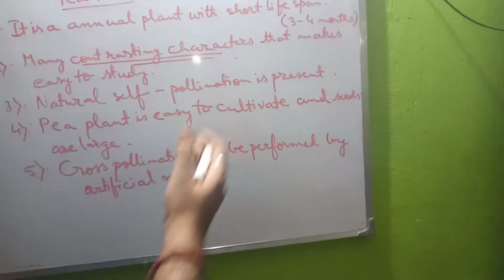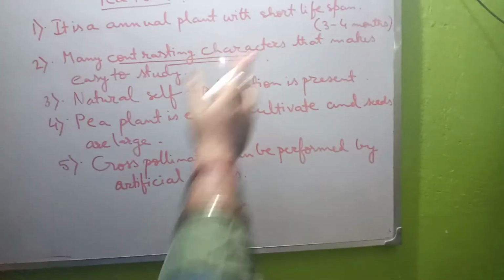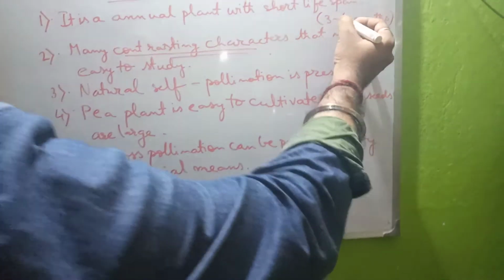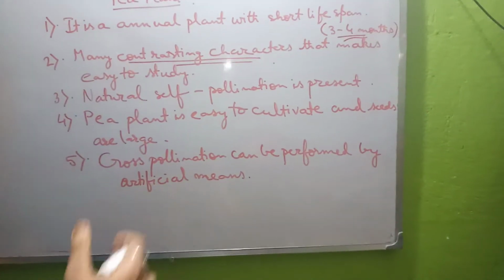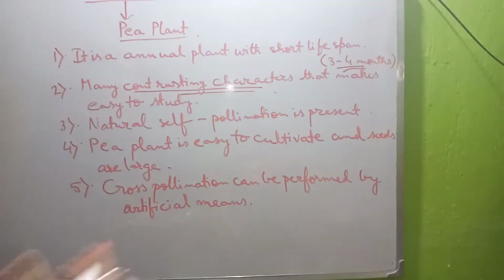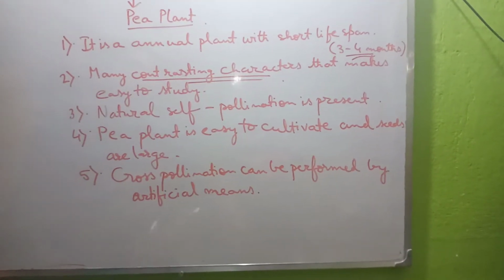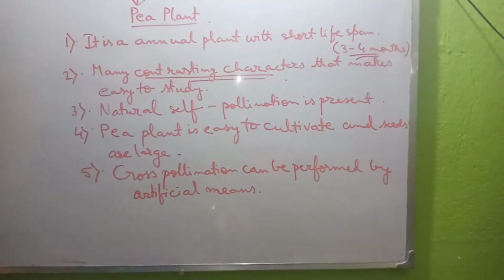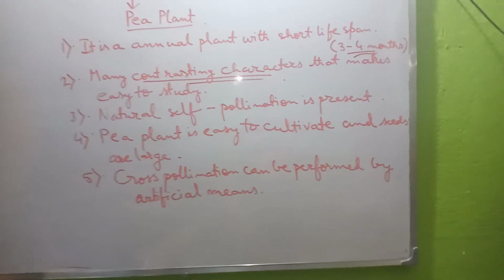Whereas in a pea plant, due to the short lifespan and contrasting characters, in such a short span of time we can study a number of things which Gregor Johann Mendel tried to explain or carry out in his experiments.